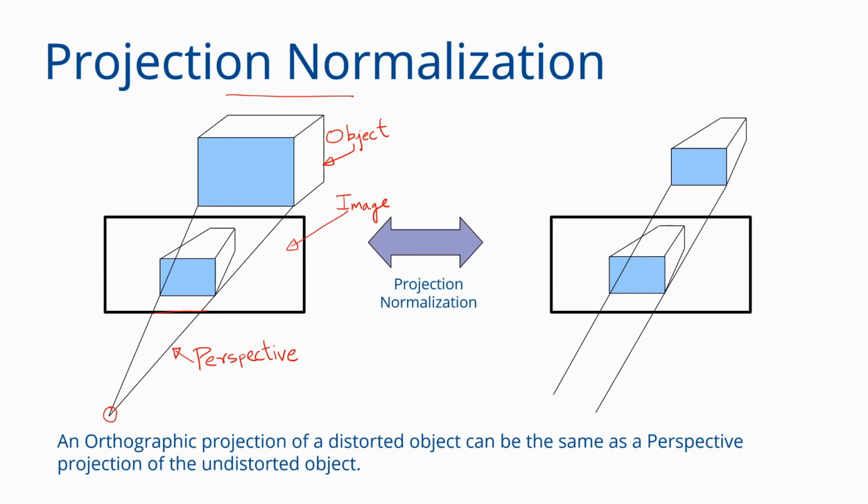I could have just taken the perspective projection matrix, multiplied it with every point of the object, and I would have got this image, right? But I did not do that. I did this sequence of transformations to standardize my frustum and convert it to a cube.